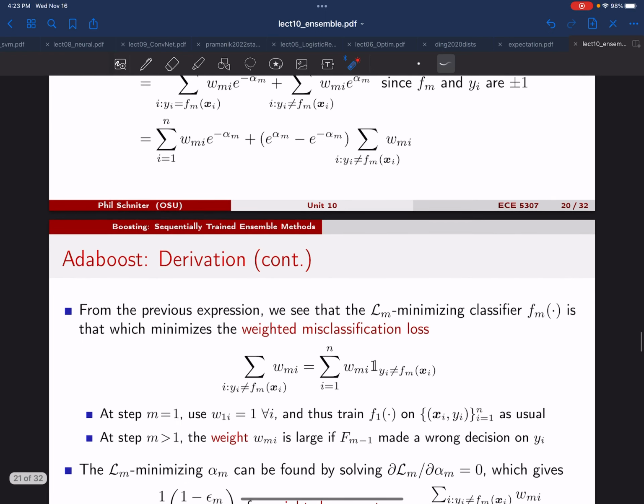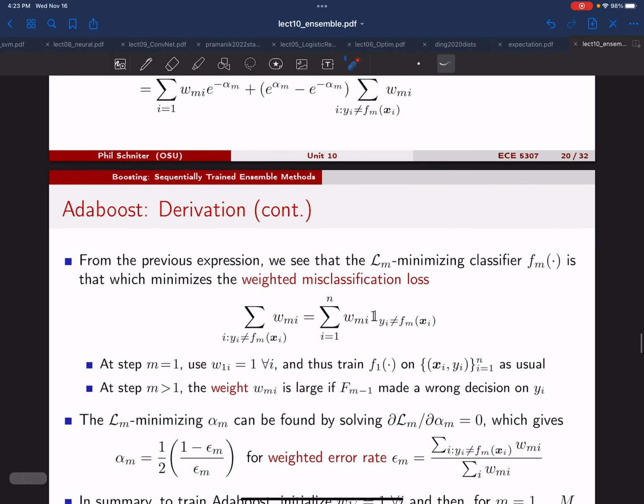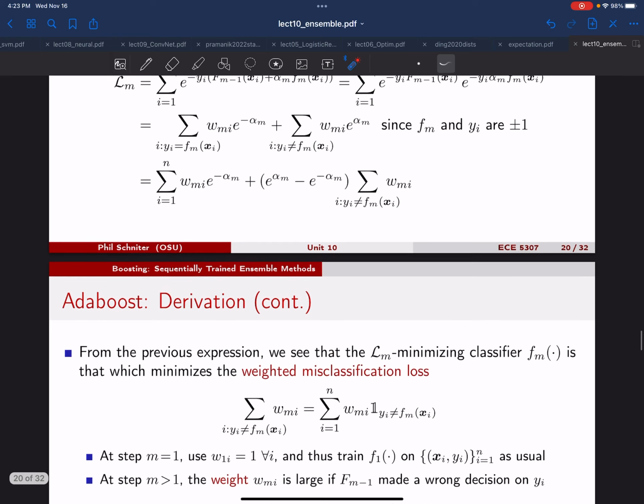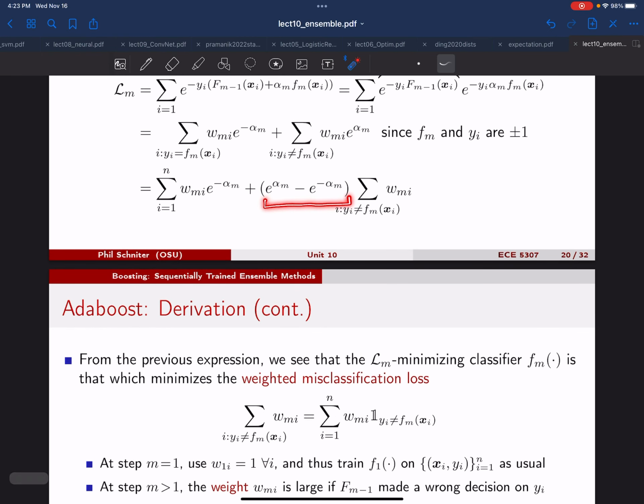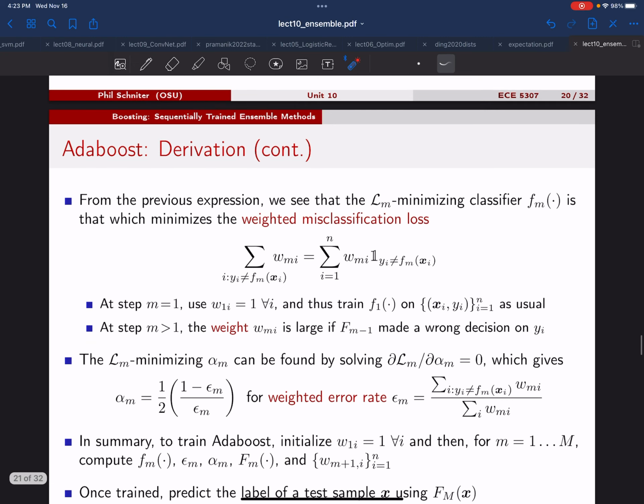All right, so again, we want to minimize this term. We know we want to minimize it because this is guaranteed to be positive. And this has a nice interpretation. This is summing over the places where we made a mistake, and for each of those places we have a weight. If these were all ones, this would just count the number of errors we made.